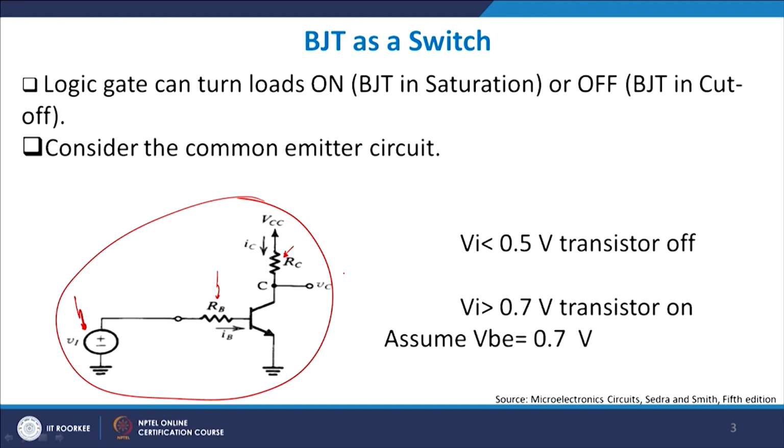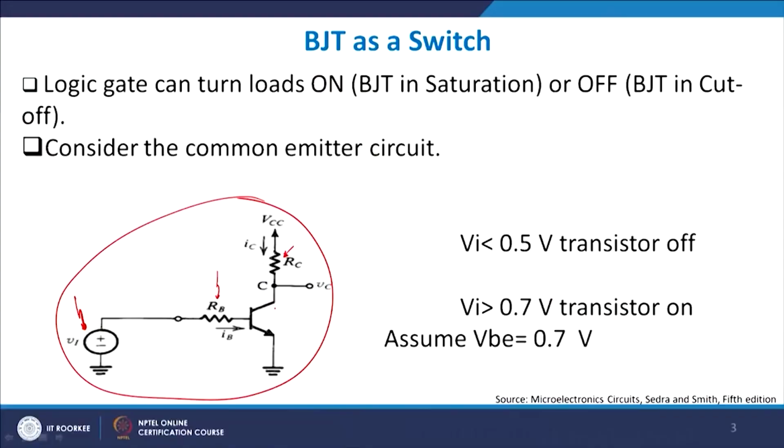If, let us suppose, RB was shorted, then if your DC voltage source, because of some problem, gives you a large current suddenly, the chances are that the BJT will burn out. Therefore, in order to ensure that it does not burn out, we give an RB value here. So, this RB, RC and the beta of the transistor fix up the Q point of the transistor. It gives me a fixed value of VCE and IC.